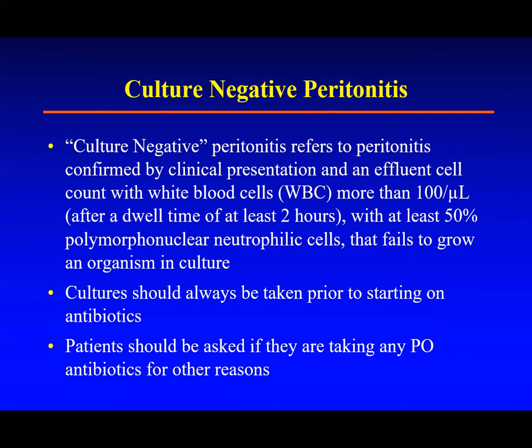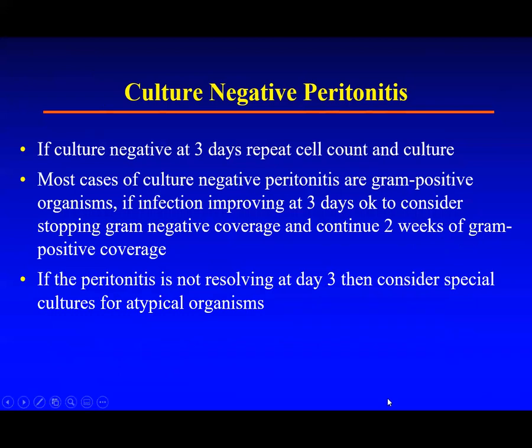It's culture negative, and we should treat them. If the culture is negative at 3 days, still repeat the cell count and culture to see if maybe for some reason it failed to grow but will grow the second time. If the peritonitis is not resolving at 3 days, then consider special cultures for atypical organisms.